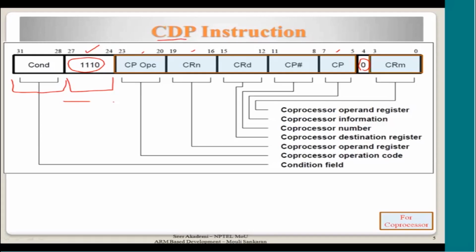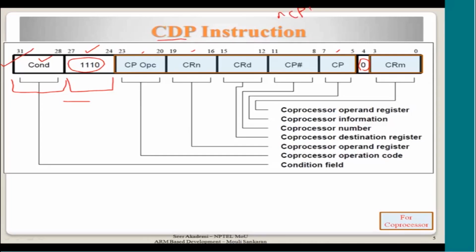As I told you in the last session, while the ARM is decoding and trying to understand this instruction, the same instruction is being decoded by the coprocessors also. When any instruction enters the execution stage and the condition code is satisfied, ARM will generate the NCPI signal, if you remember.